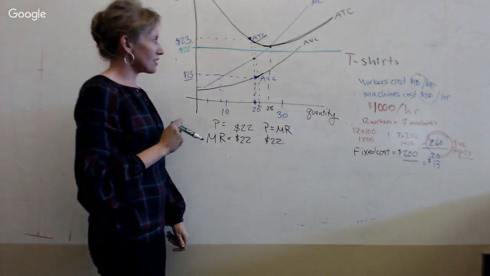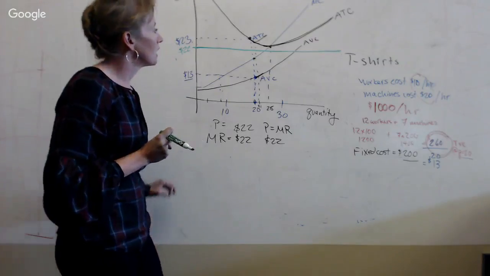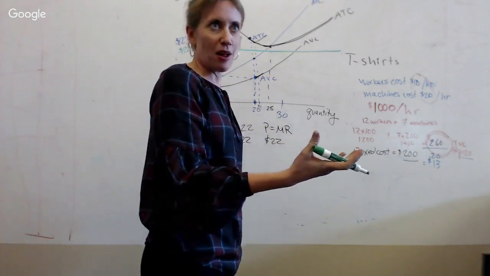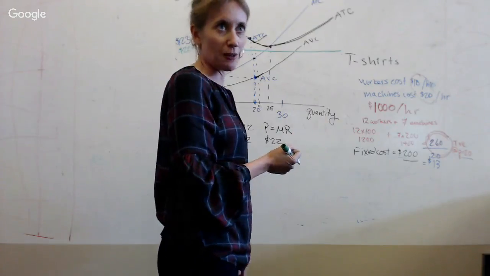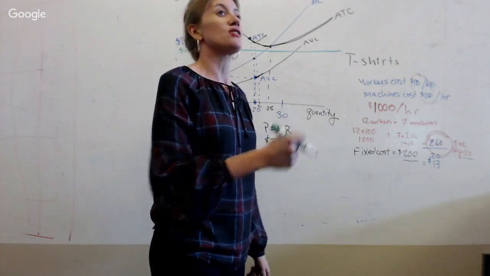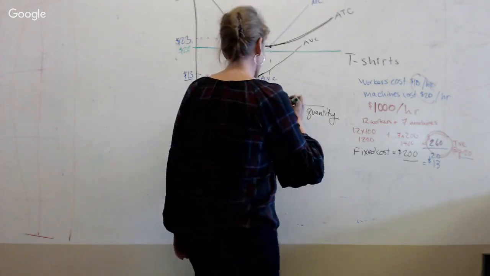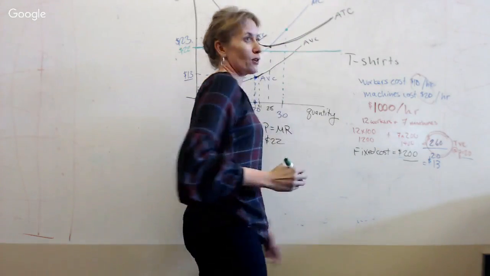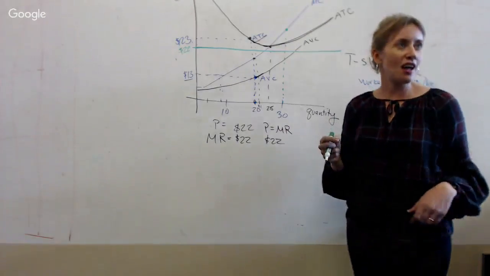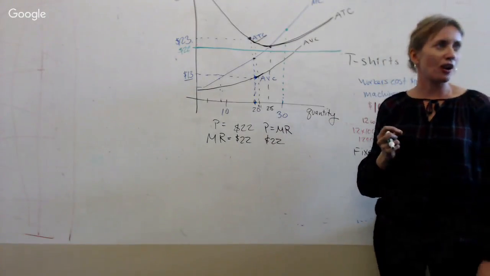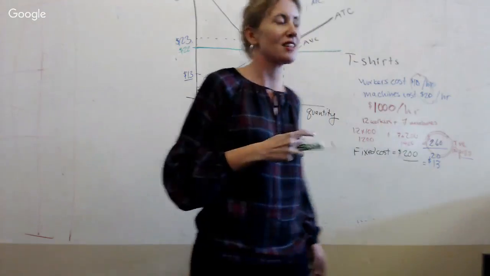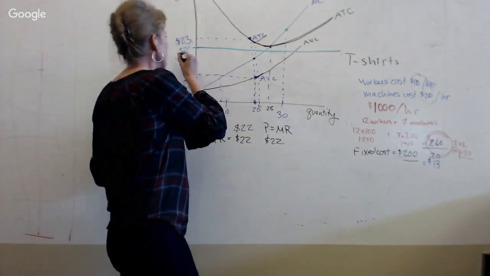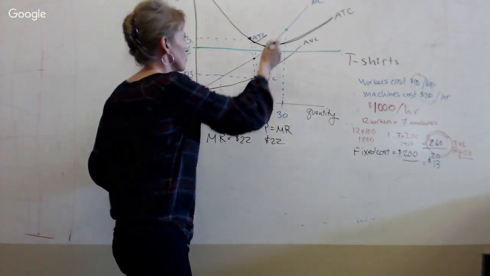So let's suppose that I recommend, as the manager of this t-shirt factory, that we produce 30 t-shirts an hour. And then I confer with my colleague, Jose, who has taken principles of microeconomics. And what will my colleague, Jose, tell me? I say, okay, each t-shirt we get to collect $22 an hour.